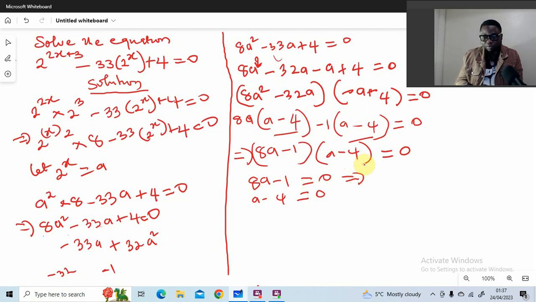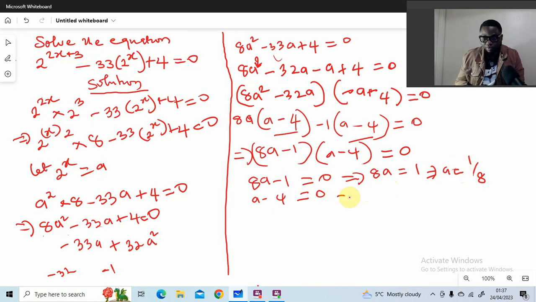So I'm going to look for the value of a in each of these equations. To look for the value of a here, 8a equals minus 1, which will cross the equal sign to become plus 1, so a equals 1 over 8, because I'm dividing both sides by 8 to obtain the value of a, which is 1 over 8.